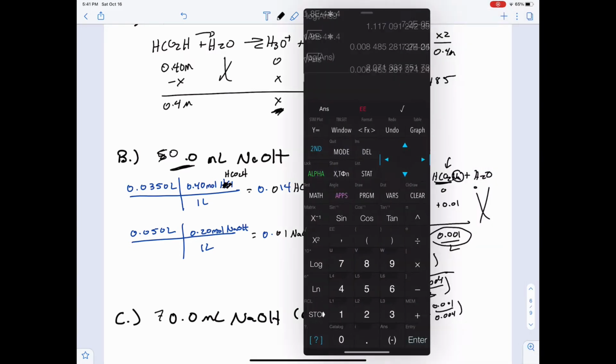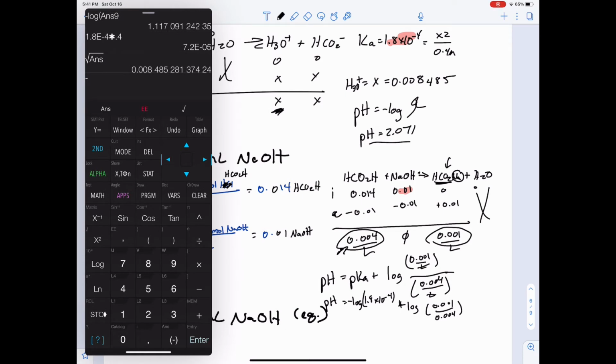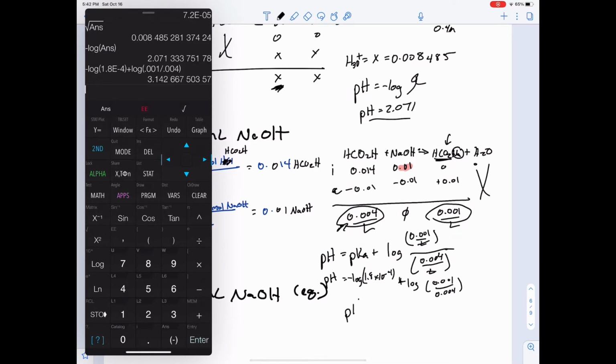All right. Let's just fill everything in the calculator. So negative log of 1.8 e to the minus 4 plus the log of parentheses 0.001 divided by 0.004. And that gives me 3.142.